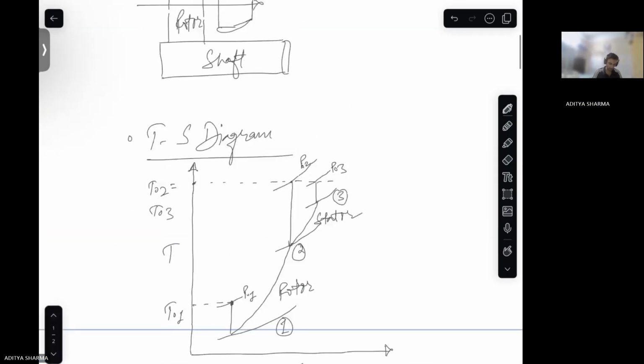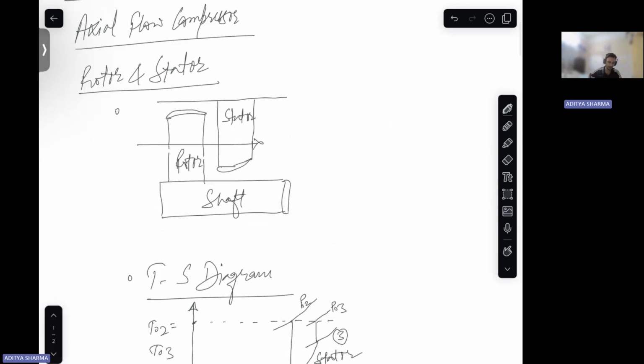If you see the blade here in this diagram, it has some height, let's say h. When we are drawing the velocity triangles, we are taking some mean height. At this height, we are analyzing the velocity triangle.